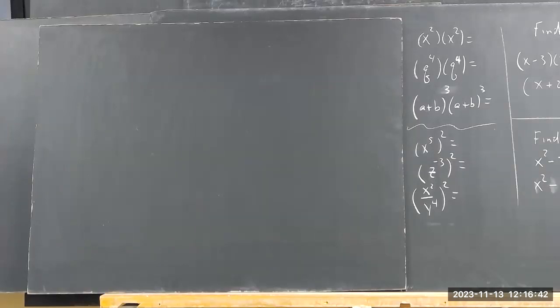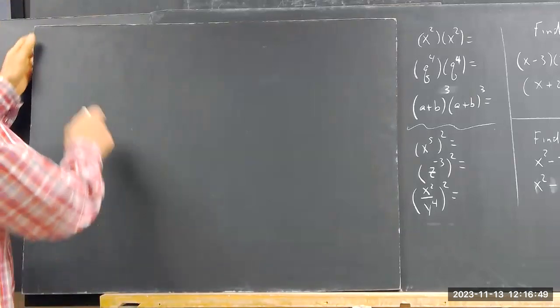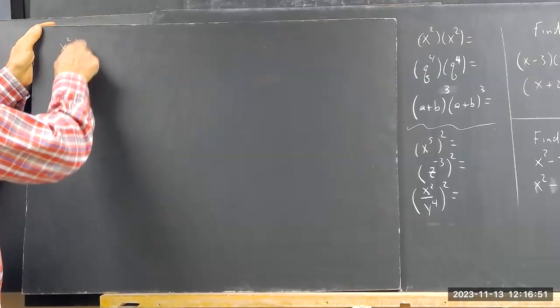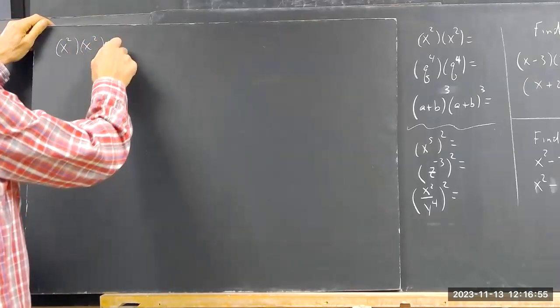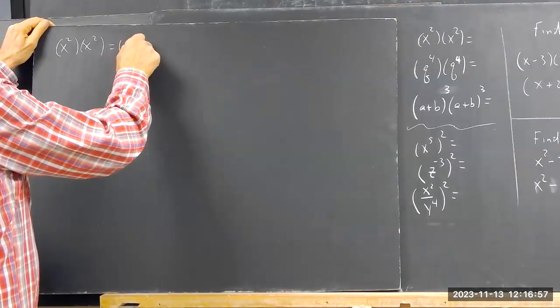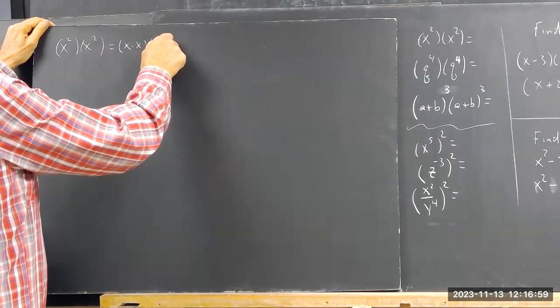Okay, so x squared times x squared. Now you could write that out as x times x multiplied by x times x.